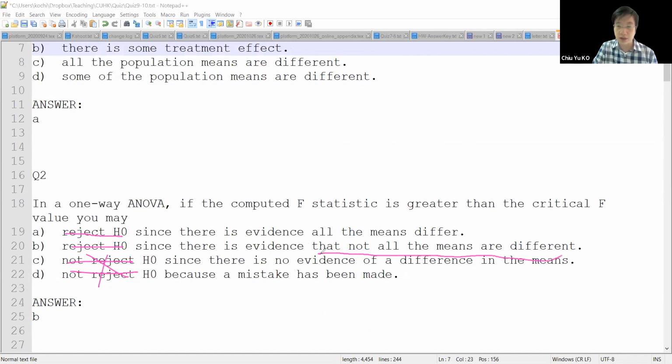So this is just B. Look at the slides: the opposite of all the same is just not all the same. Some may be the same, but we can only conclude not all the same. That would be the key.